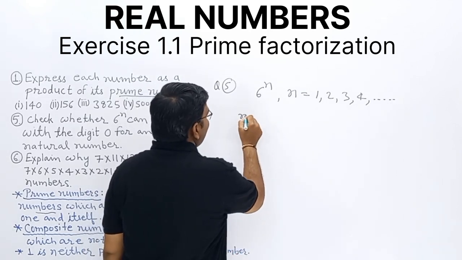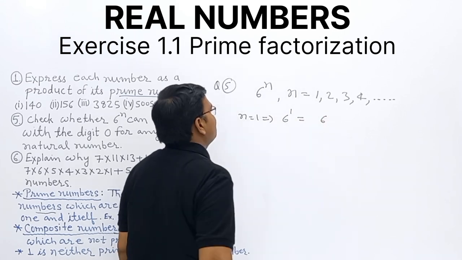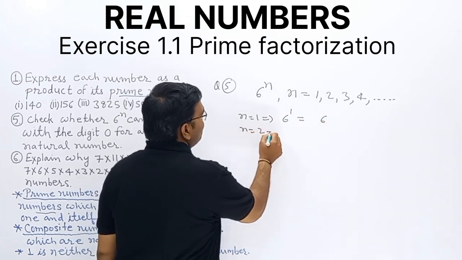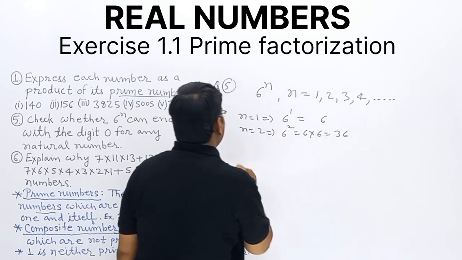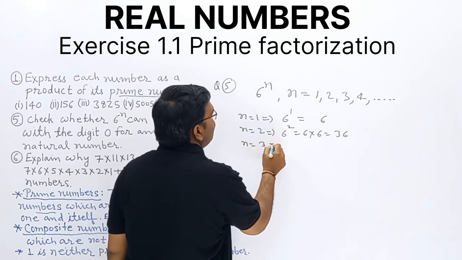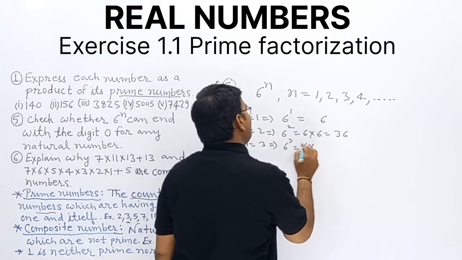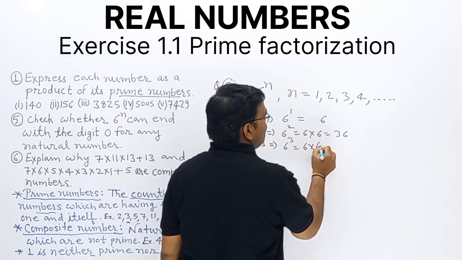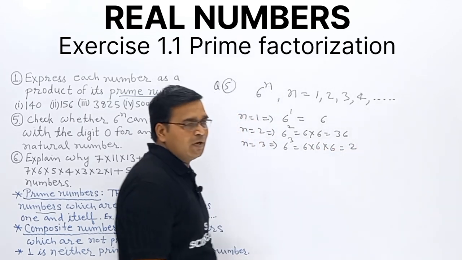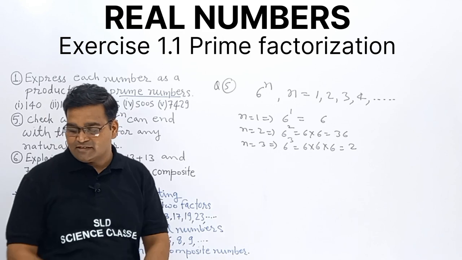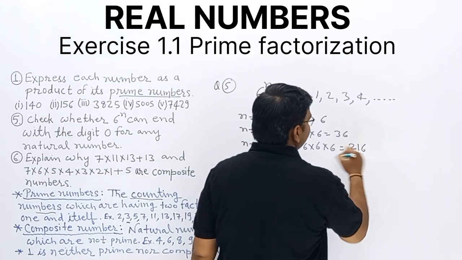Observe, n equal to 1, we have 6 power 1, the result is 6. n equal to 2, 6 power 2, 6 into 6, the result is 36. n equal to 3, 6 power 3, 6 into 6 into 6, the result is 216.